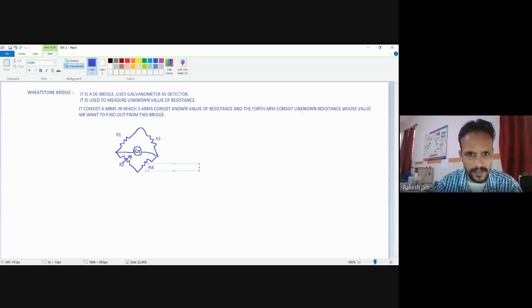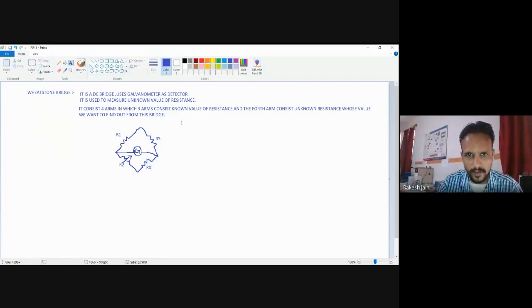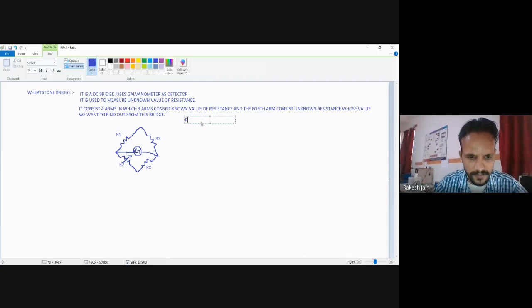Sorry, Rx is my unknown resistance. So I have these four resistances, in which I know the values of three, and the fourth resistance Rx I want to find out. I don't know the value of Rx. I want to find out the value of Rx.